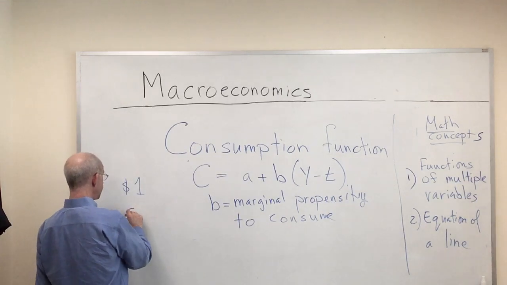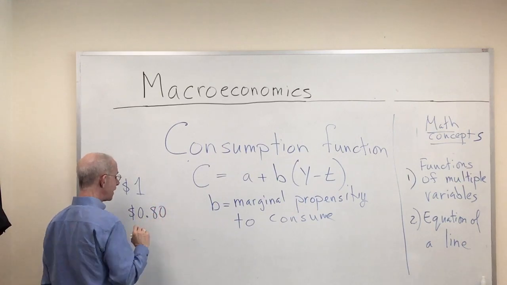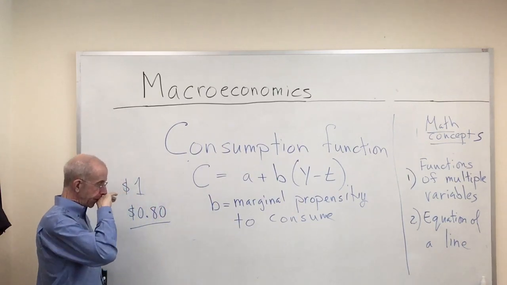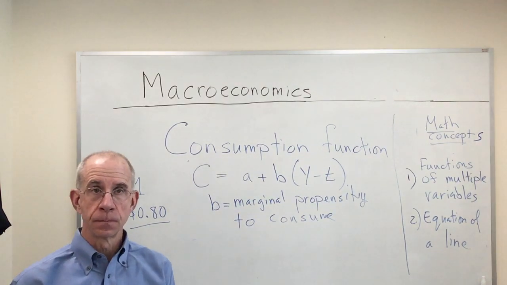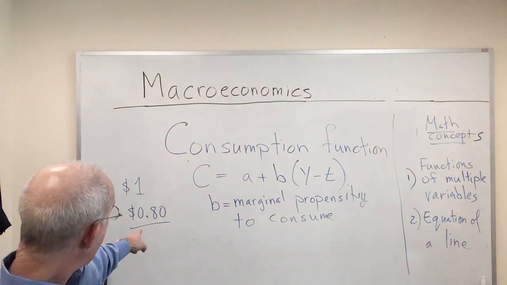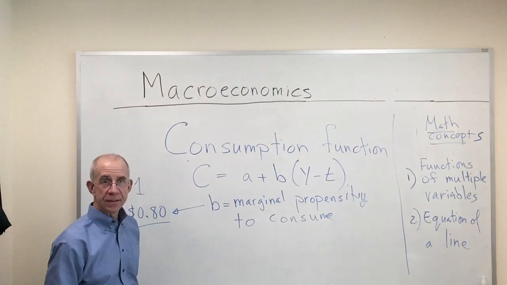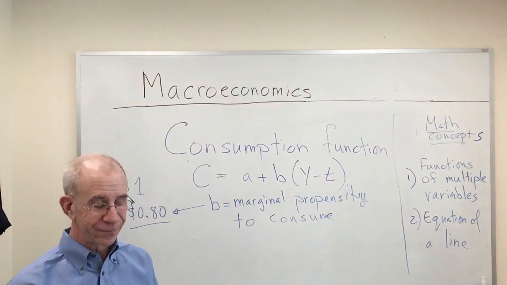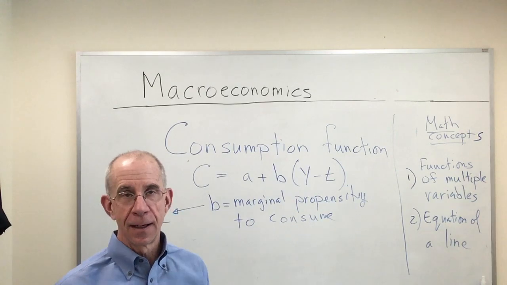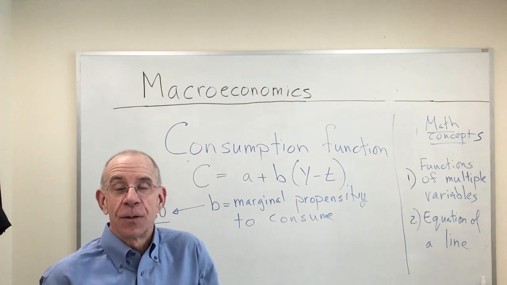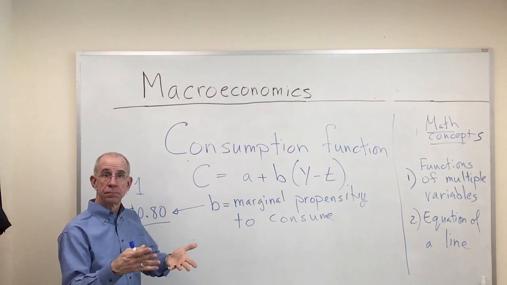So let's say out of that dollar, I'm going to spend 80 cents. That is the marginal propensity to consume. Again, propensity, I don't know, it's the term that we use. It tells you how much of your income you'll spend.